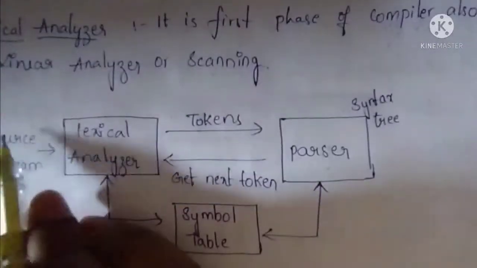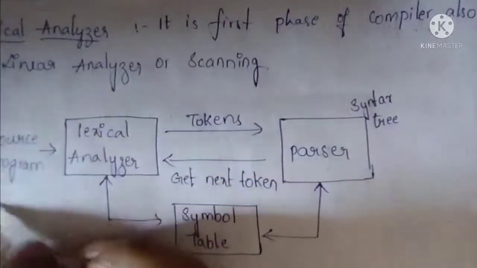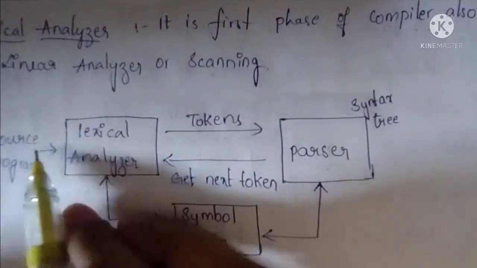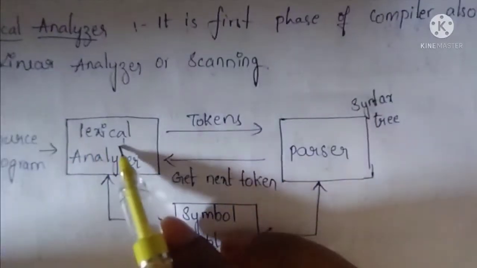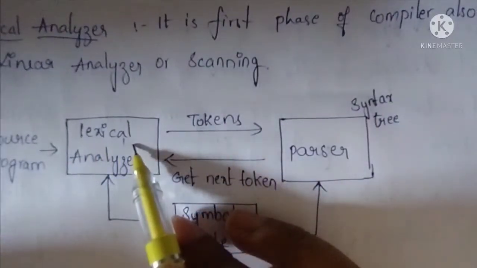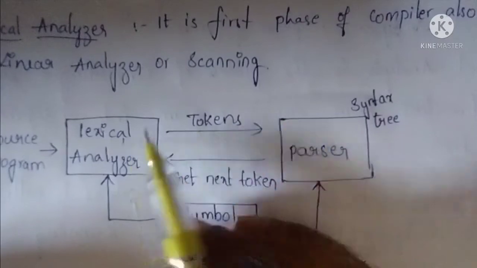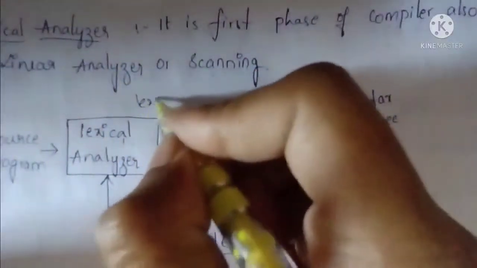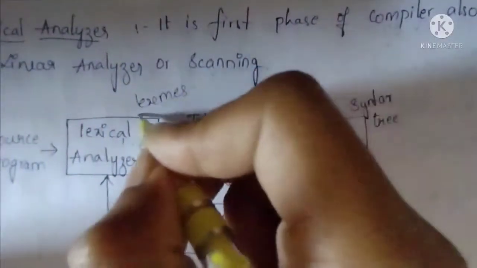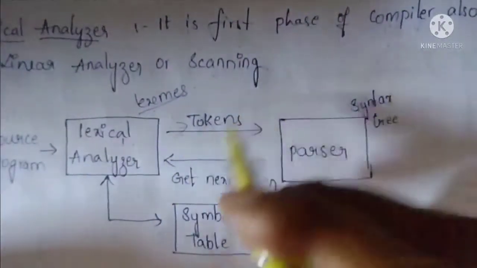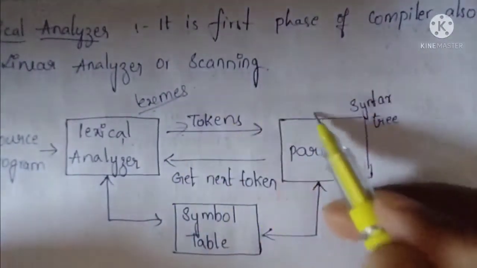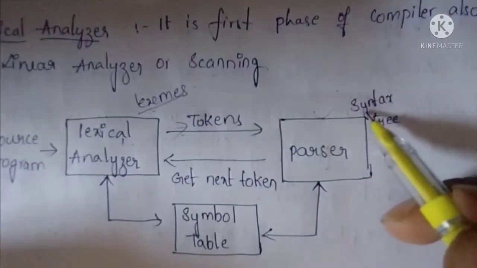First we take the source program and give it to the lexical analyzer. From the lexical analyzer we generate small units called lexemes. These lexemes are converted into tokens, and these tokens are given to the next phase of compilation, the syntax analysis.